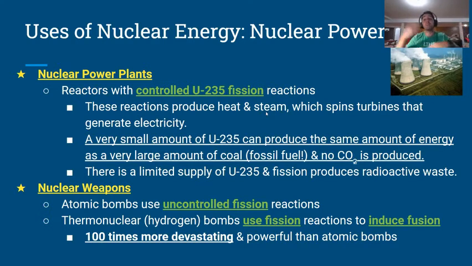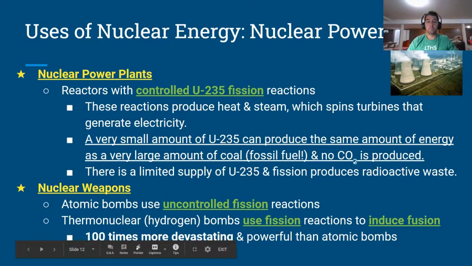That steam then spins the turbines, just like it would in hydroelectric power plants, which is basically just a fancy word for saying water goes through a dam and turns turbines. But instead of using water power, it uses this heat that makes the steam that spins the turbines.